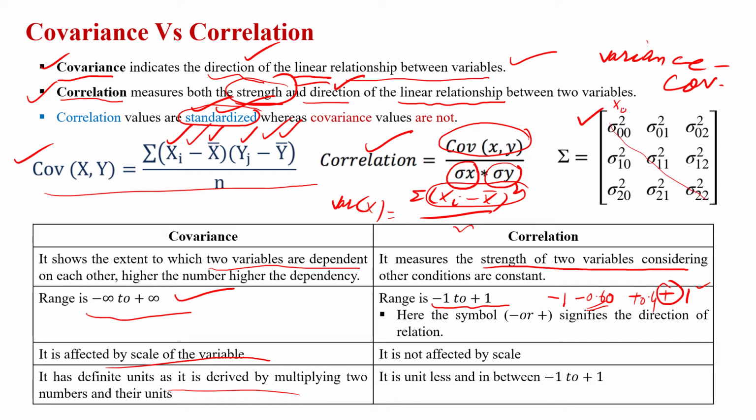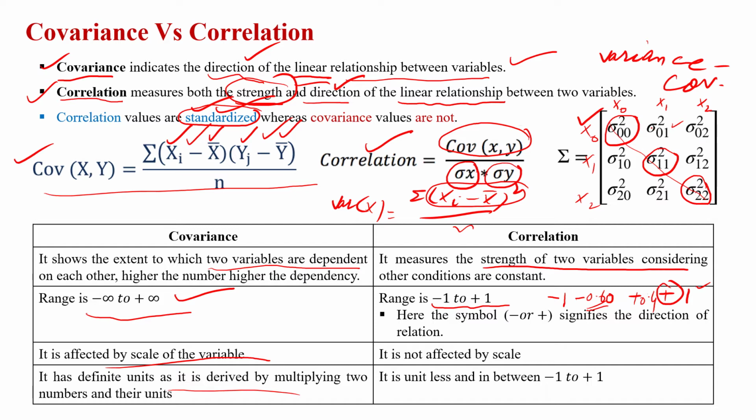If this is the x0 variable, this is x1, and this is x2, then this value indicates the variance of x0, this the variance of x1, and this the variance of x2. Whereas sigma square 0,1 indicates the covariance between the x0 variable and the x1 variable.